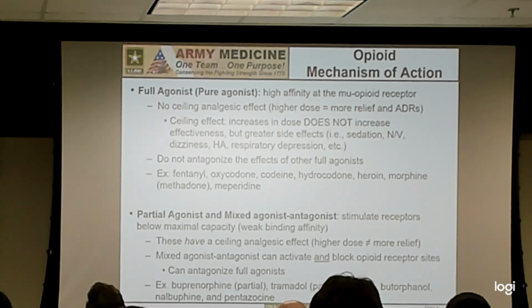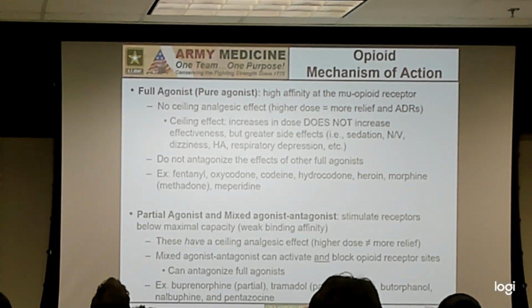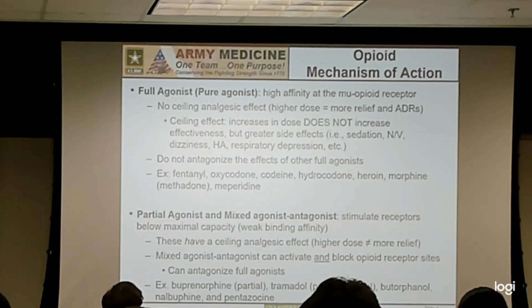But remember, as you increase a dose, you are going to increase the side effects that you're going to experience with those medications, okay? They don't antagonize other full agonists. So if you gave one full agonist and another, you're giving additive effects. So you're going to increase, again, the side effects because there's no competition. They're doing the same thing, and there's no ceiling effect.